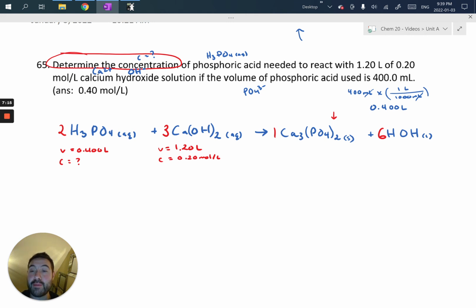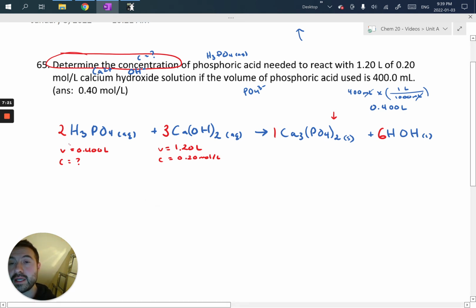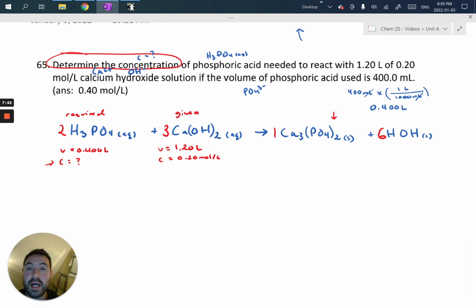Okay, I'm going to show you how I'm going to solve this now. So I'm going to take my required and decide, okay, I have to find this concentration. What I always want to start with is my given quantities. So this is my given, the information I have, and I'm looking for the required. And so where do I start? Do I start with the 1.2 liters or do I start with the 0.2 moles per liter?